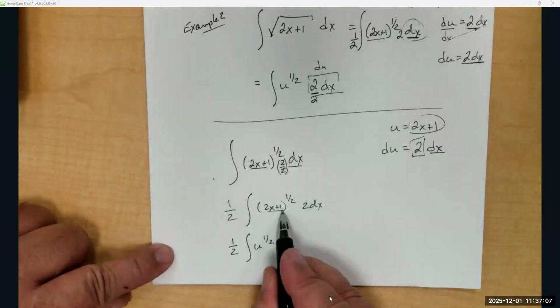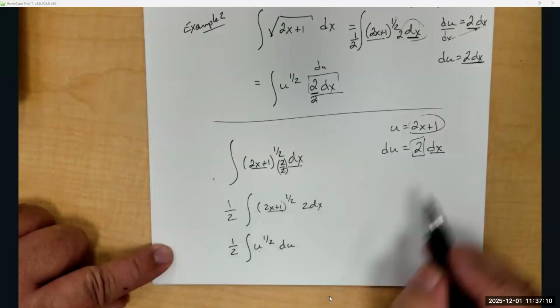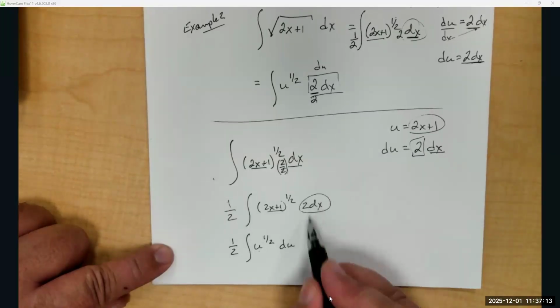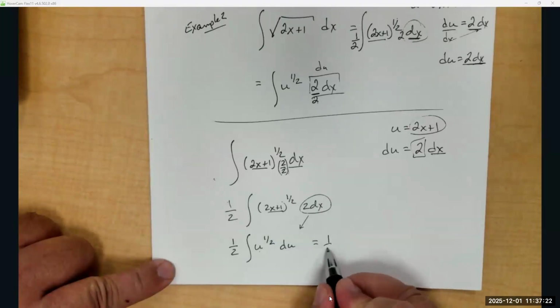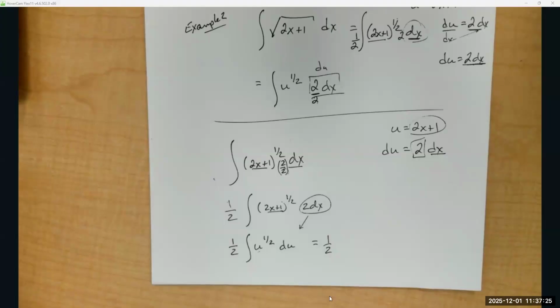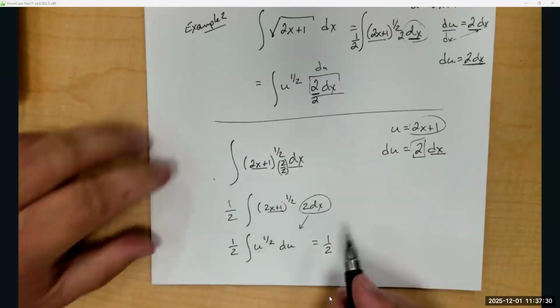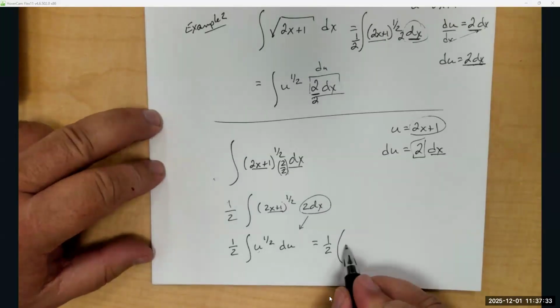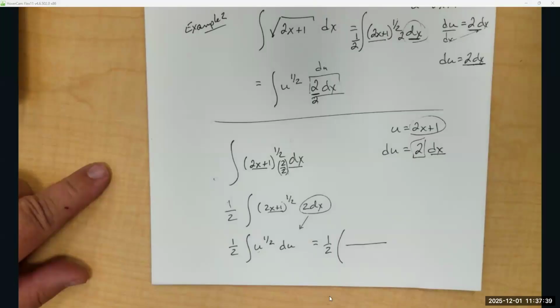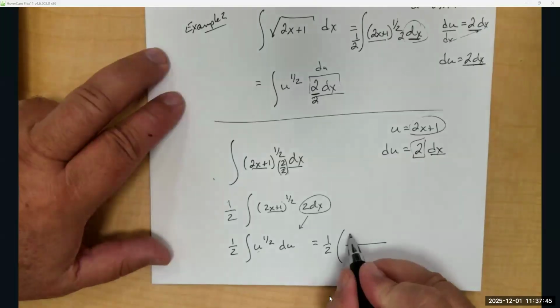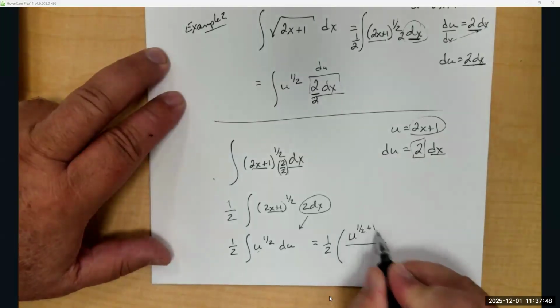U is that part under the exponent. Du is 2 dx. Take the integral of, so that 1/2 stays out there. Take the integral of u to the power 1/2. It's the same way we've been doing it. What's the formula for it? u to the power 1/2 plus 1.